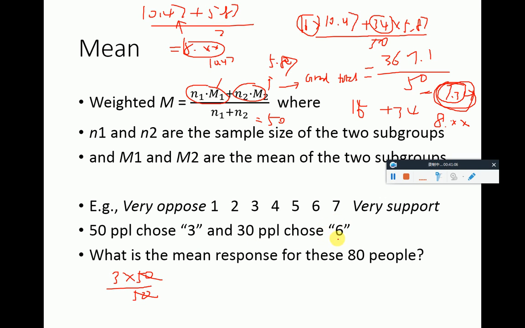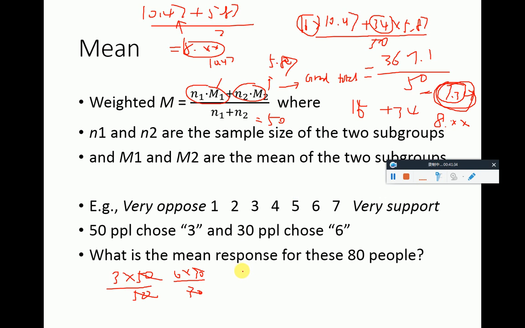Similarly, the average response for this subgroup of people will be 6. 6 times 30 is the grand total for this subgroup. We have 30 people, so these two 30s are canceled out. So now we have M1 is 3, M2 is 6, N1 we have 50, N2 we have 30.